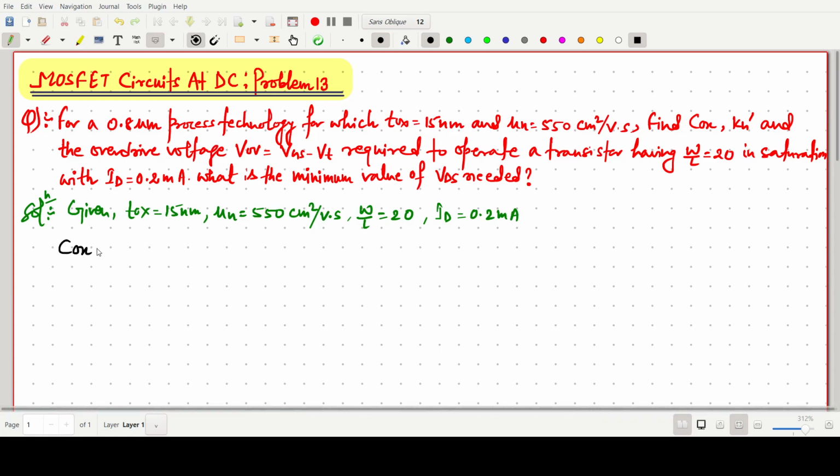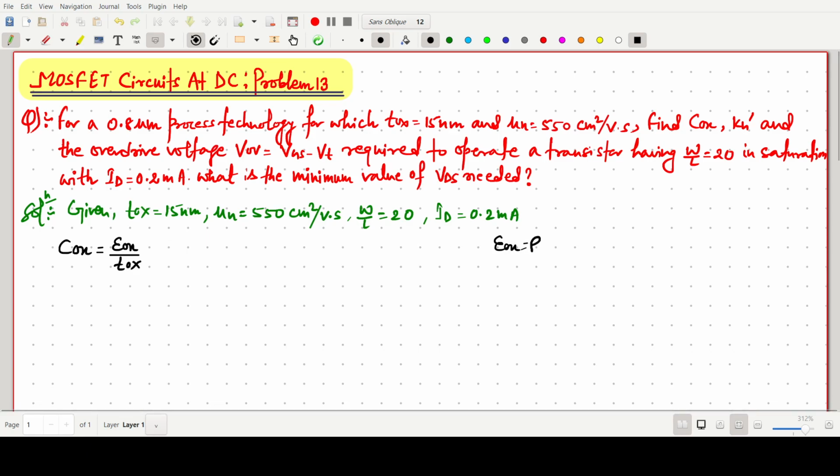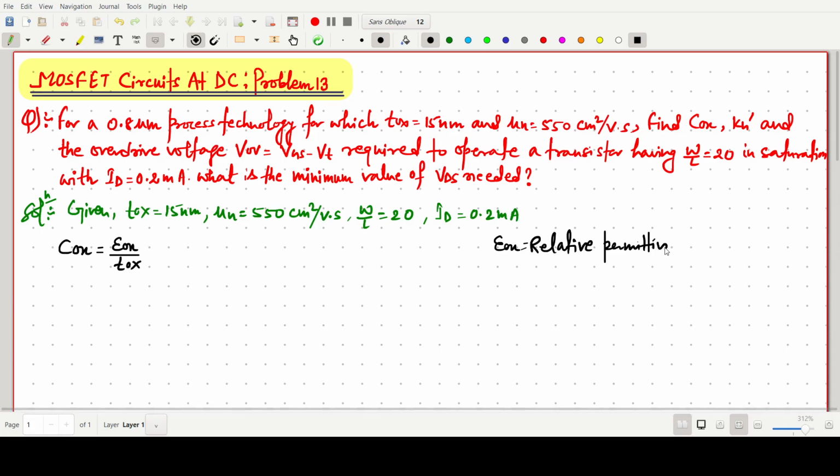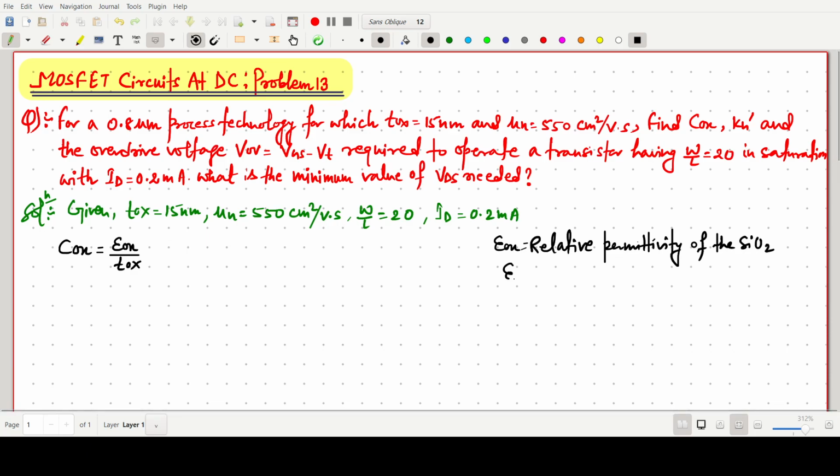We have to find the COX. So COX is epsilon ox by TOX, where this epsilon ox is the permittivity of the silicon oxide layer, the SiO2 layer, and this epsilon ox is 3.9 times epsilon naught.